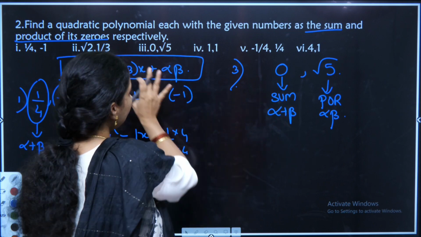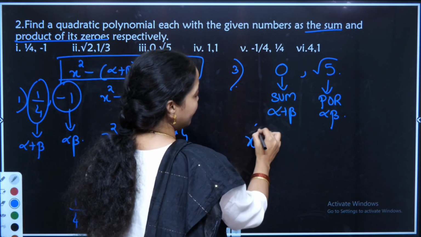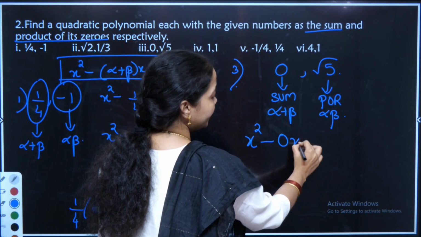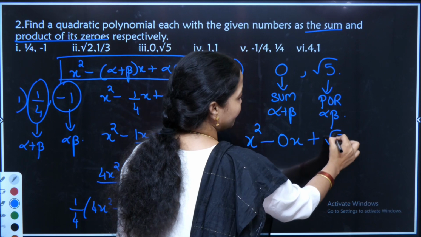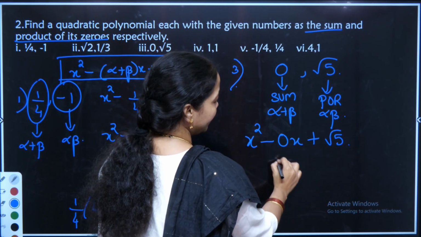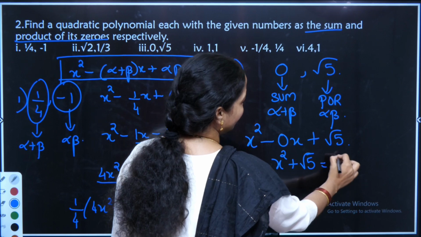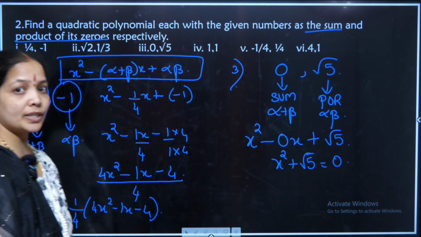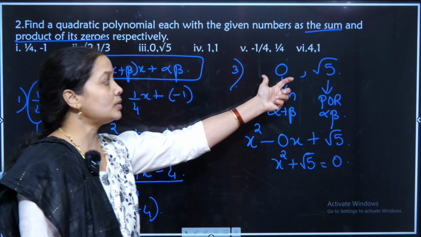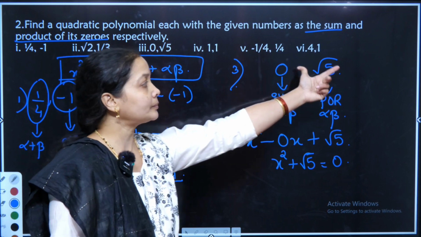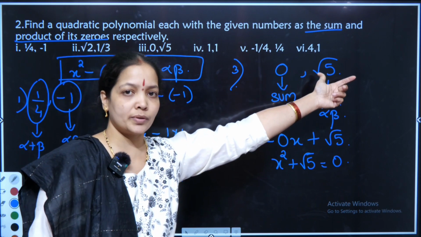Putting these values in the general form, x square minus sum of roots into x plus product of roots, what is the equation turning to? x square plus root 5 equal to 0. This will be my equation framed when the sum of roots is 0 and the product of roots is root 5.